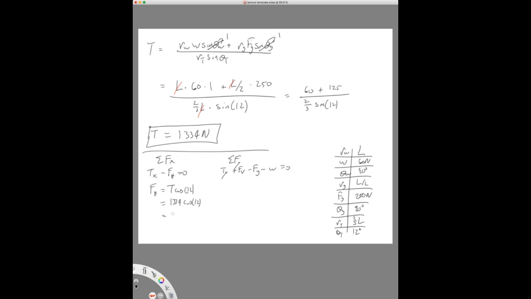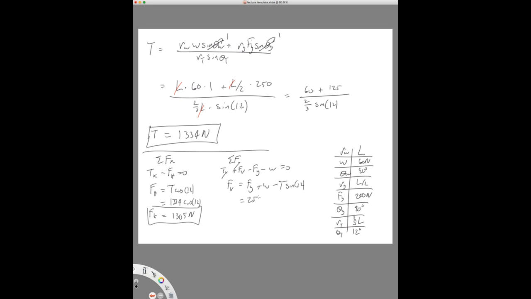That's 1,305 newtons. And to find the vertical force, that's going to be Fg plus W minus T sine of 12.